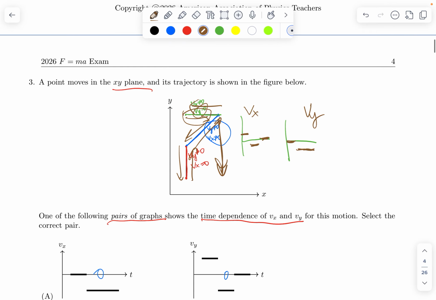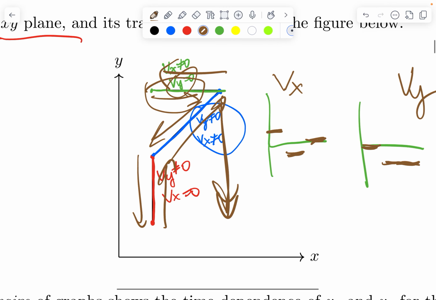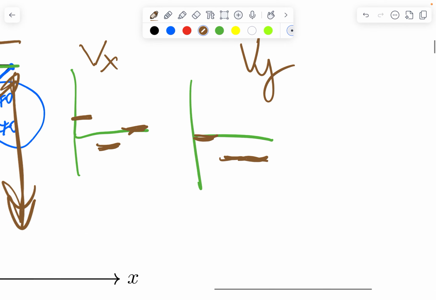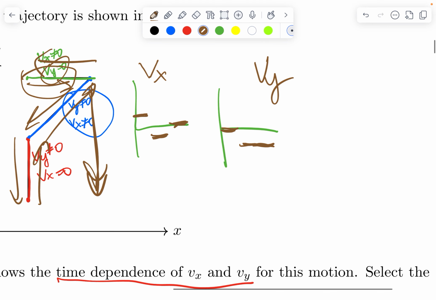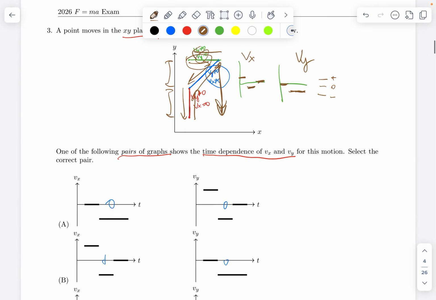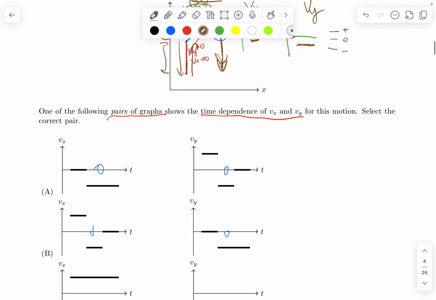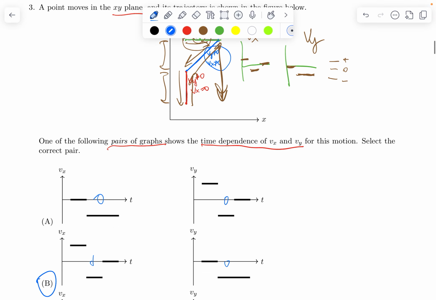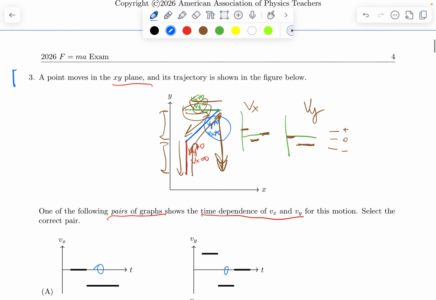And over here, I think they're assuming that these are equal lengths, so that the velocities are the same. So there's only 3 possible choices. It's either positive, 0, or negative. So that's why I just labeled this as equal. Okay, so the only choice that corresponds to this is option B. And that is going to be our answer.